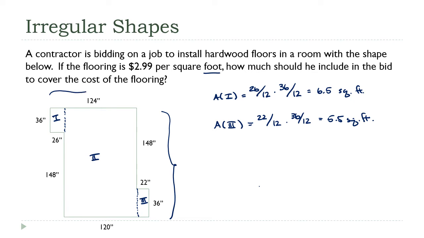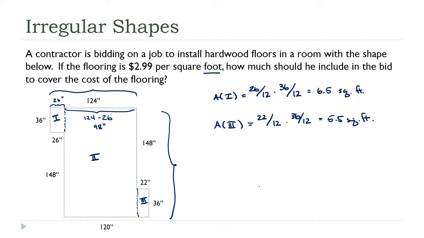This distance here, that one I know is this 124 inches. And I know this distance here, right? This is also 26, which means this distance here must be 124 minus that 26. Again, you get your calculator out, 124 minus 26 is 98 inches.